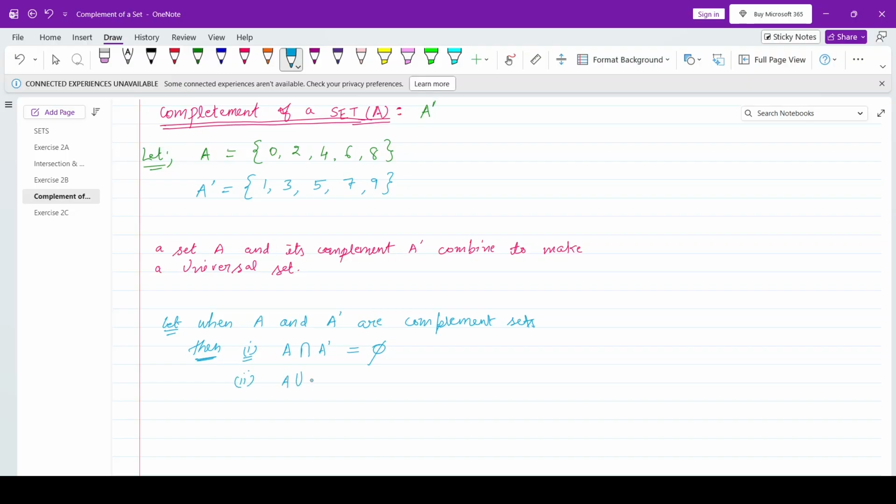Condition 2, A union A prime must be a universal set.